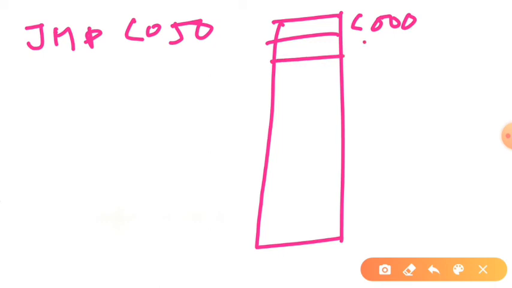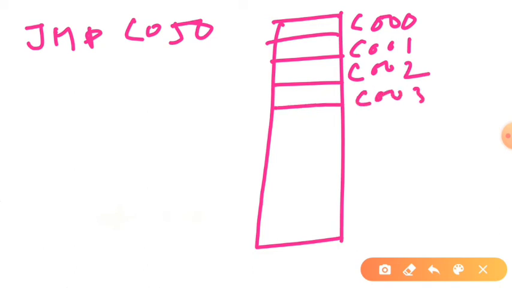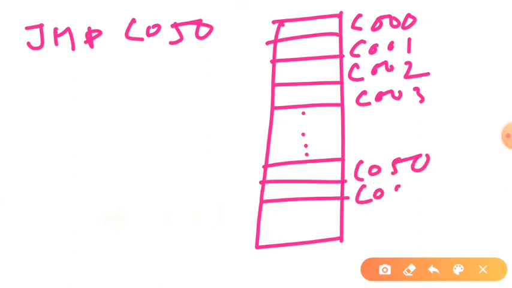Next is C001. This instruction is a 3-byte instruction, so it needs 3 consecutive memory addresses to store it. Next is C002, and let us also assume this is the memory location C050, next C051, this is C052, and so on.